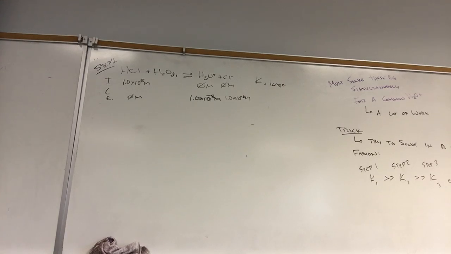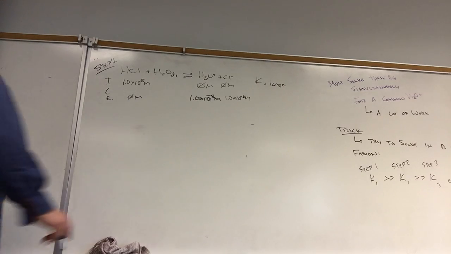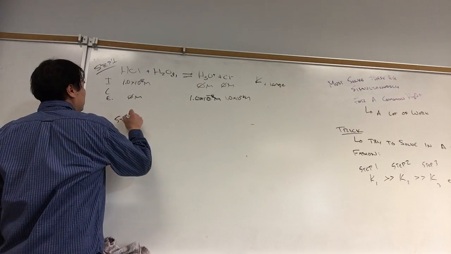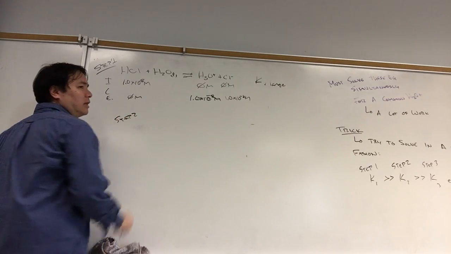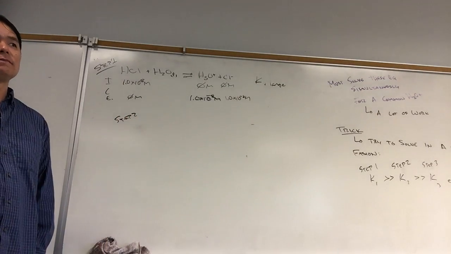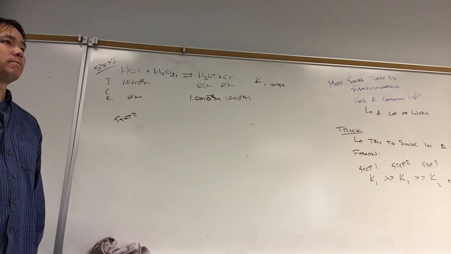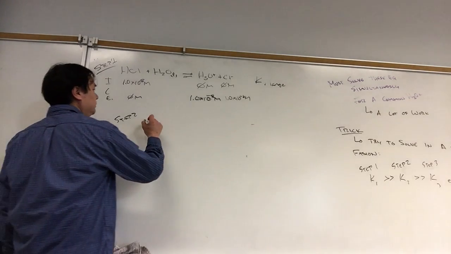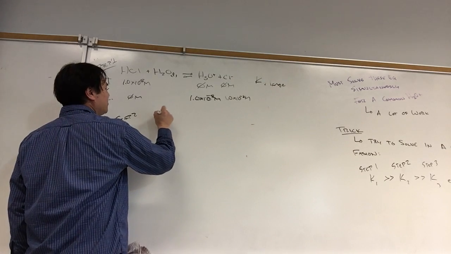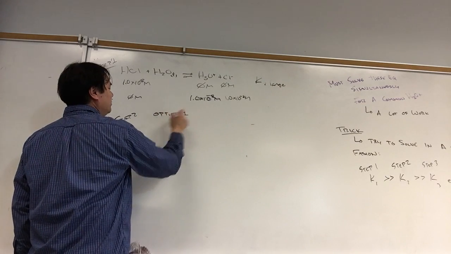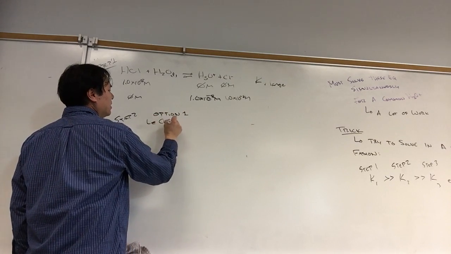Now, how do I handle step 2? For step 2, there are 2 ways that we can do a Le Chatelier's type calculation, because that's what's going to happen. Step 2, option 1, would be a Le Chatelier's perturbation.